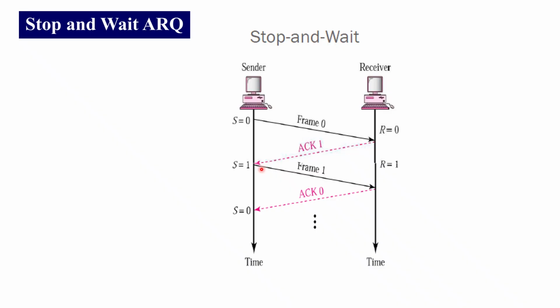Now it sends data 1 and receives acknowledgement 0. Sender now transmits the next frame, data 0. Receiver discovers an error in it and returns a negative acknowledgement. Sender retransmits data 0 again and receives acknowledgement 1.